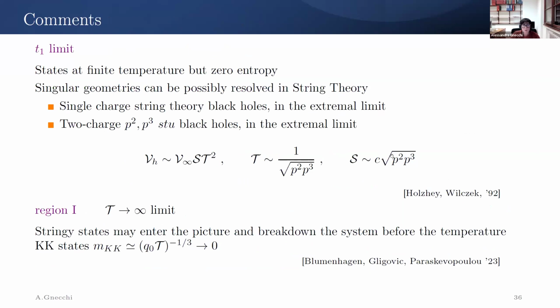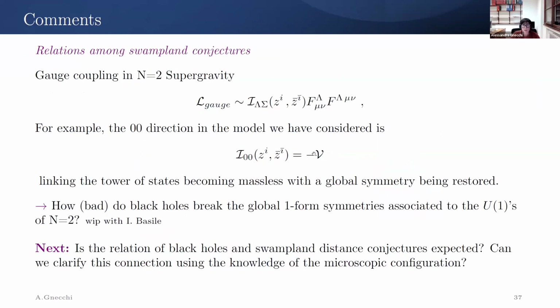I'm also finding a relation with the restoration of global symmetries when there are towers of light states, states becoming light. Is it surprising? Actually, these black holes come from compactifications of string states. So maybe the fact that I'm finding these properties is related to other conjectures that come directly from string theory without going through the black hole case.